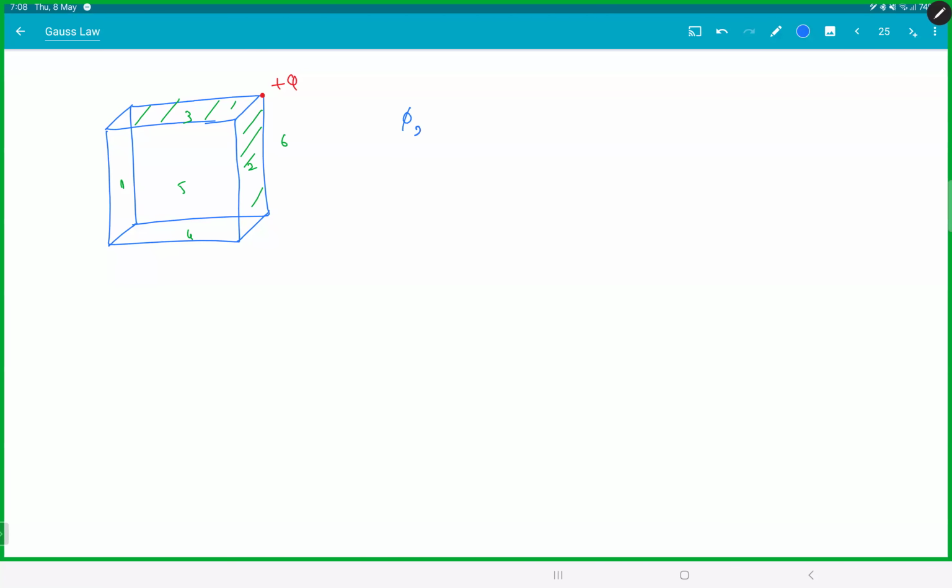So the flux in 2, the flux in 3, and the flux in 6 is 0. And for the remaining three, flux 1, flux 4, and flux 5, by symmetry they will all contribute equally. That will be 1/3 of the flux in the small cube, and the flux in the small cube is q by 8 epsilon. So this is q by 24 epsilon.